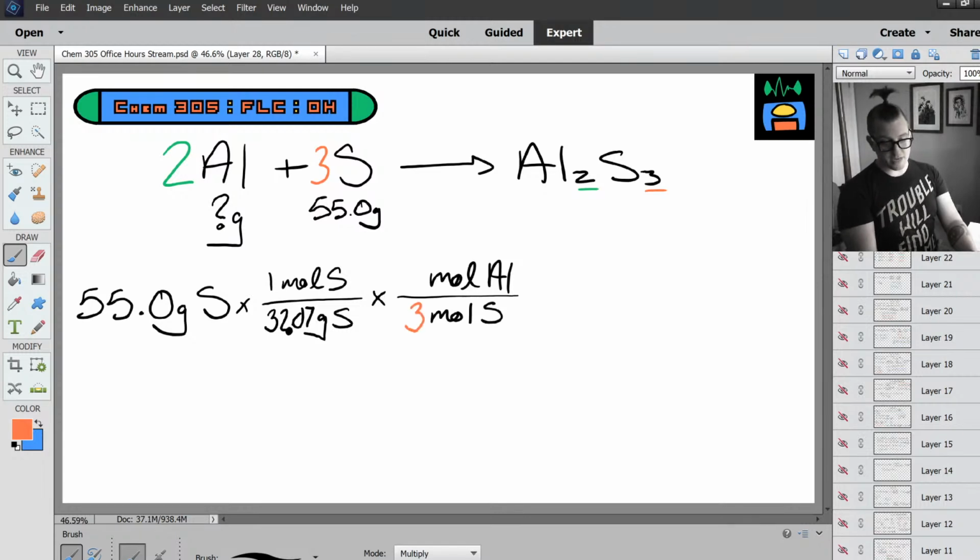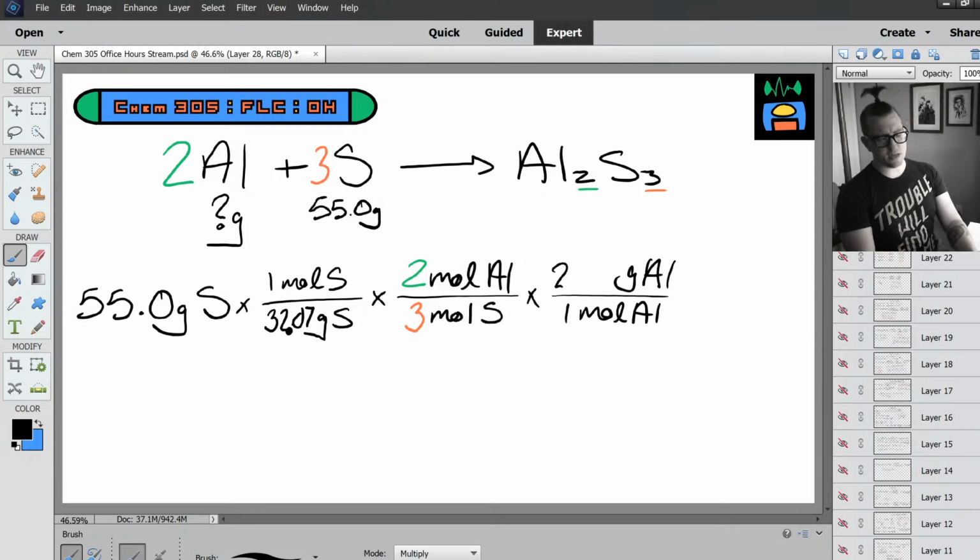And this unit conversion we get from our balanced chemical equation: 3 moles of sulfur react with 2 moles of aluminum. Then finally, we need to convert from moles of aluminum to grams of aluminum. And aluminum has an atomic mass of, I think, 26.98. Let me just check. Yep, 26.98. So now grams of sulfur cancel, moles of sulfur cancel, and moles of aluminum cancel.